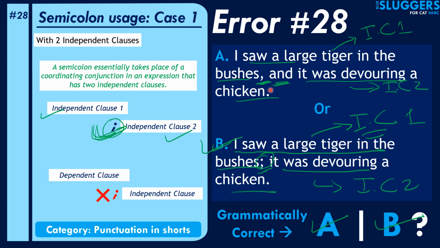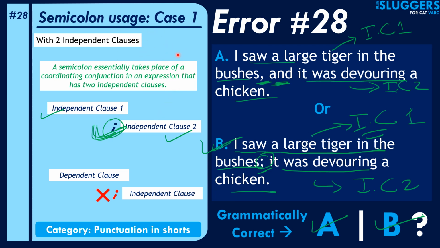Another way to understand the idea of a semicolon is that it comes somewhere between a comma and a period, that is a full stop. It's not as final and as formal and complete as a full stop. At the same time, it is not as low in intensity as a comma. It's somewhere in the middle. So that's your semicolon usage, the first case.